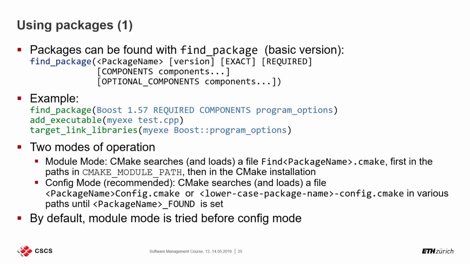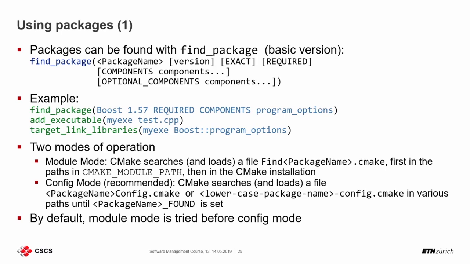Now, CMake offers the find_package functionality. We give the name and, if you like, some version number, like here, we are requiring Boost. You specify the version number, you say Boost is required, and since Boost is a big package, we don't need all of Boost in our example, we just require one component.